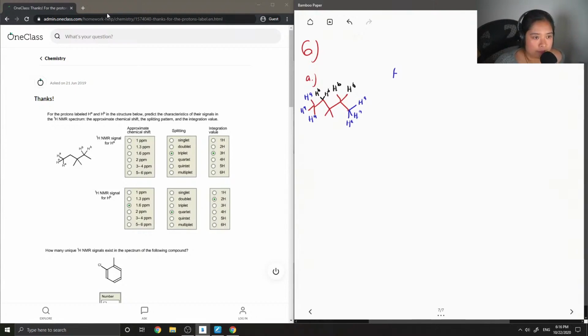So if we were to look at the chemical shifts of methyl hydrogens in a chart, you'll see their approximate chemical shift is 1 ppm for CH3.